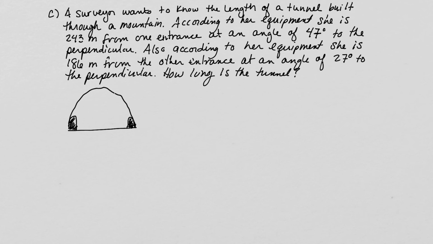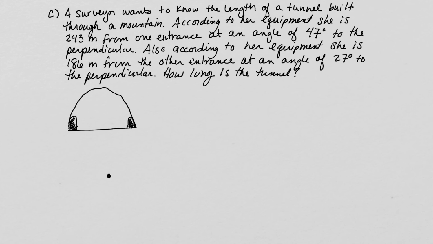So the technique I'm going to show you here, you can use if you want to measure something that you know is straight. So we're going to assume that the tunnel in this mountain is exactly straight. Most tunnels through mountains are not exactly straight, but we're going to assume that our tunnel here is straight. And basically what happens is a surveyor stands in a certain spot, maybe like here.